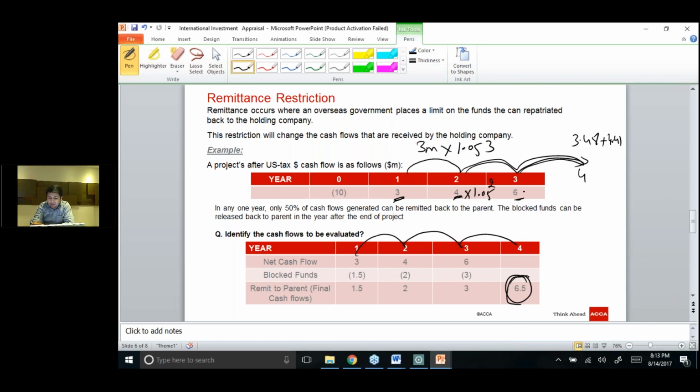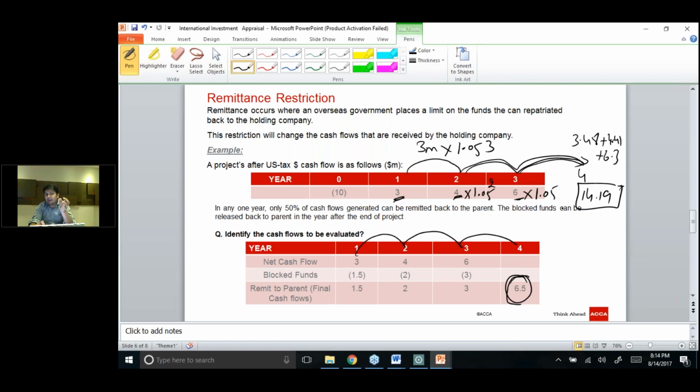And this 6 million will be reinvested for 1 year, and that will be equal to 6.3 million. So the total will be 14.19 million, which will be remitted back to the parent company, with the reinvested amounts.